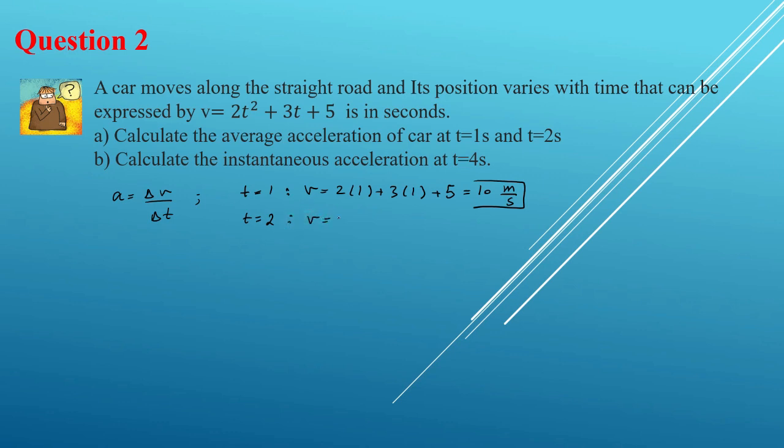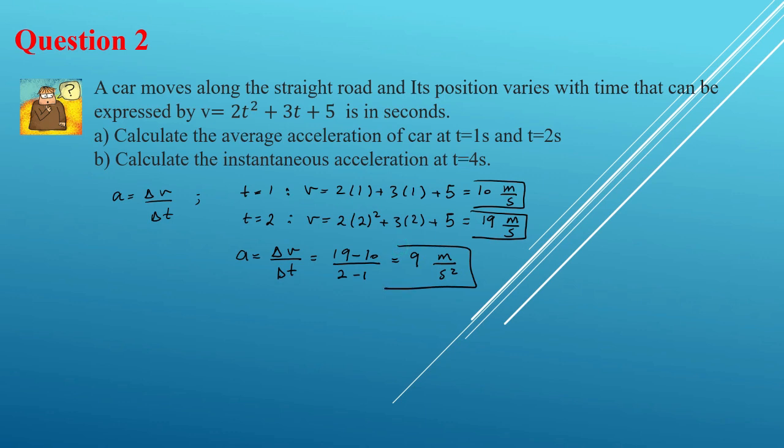My v is going to be 2 times 2 squared plus 3 times 2 plus 5, that is equal to 19 meters per second, right? So my average acceleration is going to be delta v over delta t, which is equal to 19 minus 10, over 2 minus 1, which is equal to 9 meters per second squared, right?